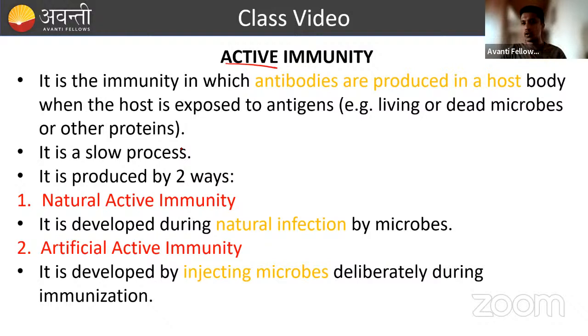We become naturally active immune by, for example, when we are exposed to microorganisms from our environment, right? So during our course of lifetime, as we naturally get exposed as we grow up, our body will become capable enough to defeat these microorganisms by itself. So this is one way of becoming naturally active.